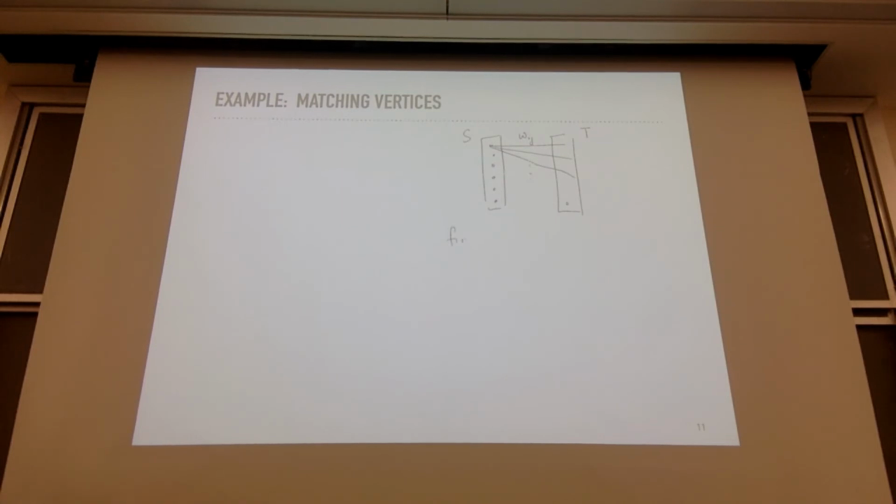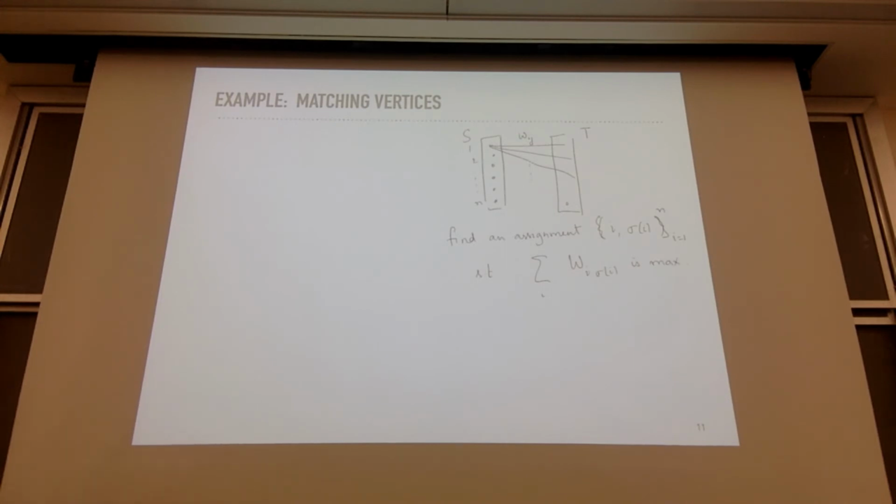find an assignment sigma. Assignment i comma sigma i, to n, is such that sum over i of the weight of i sigma of i is maximized.